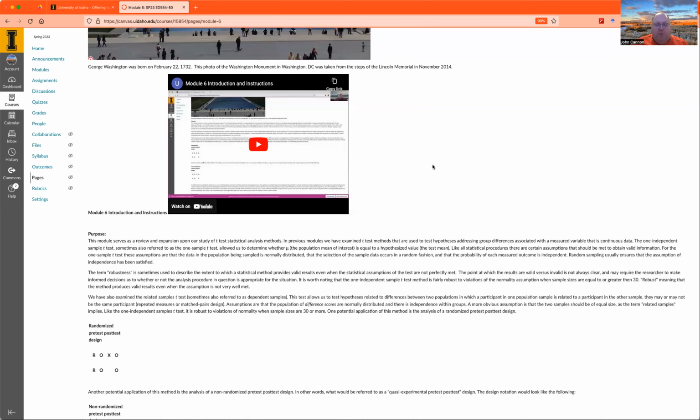We have also examined the related samples t-test, and this is sometimes referred to as dependent samples. This test allows us to test hypotheses related to differences between two populations in which a participant in one population sample is related to a participant in the other sample. They may or may not be the same participant, and that's repeated measures or matched pair design.